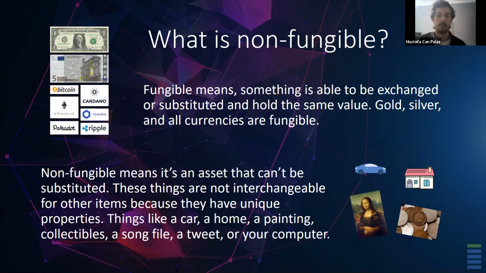I'm fine with that. I'm not going to check the serial numbers of the money. They hold the same value. It's both $10, and we can exchange between these currencies, and we can buy gold with dollars, and this is what the term fungible means.